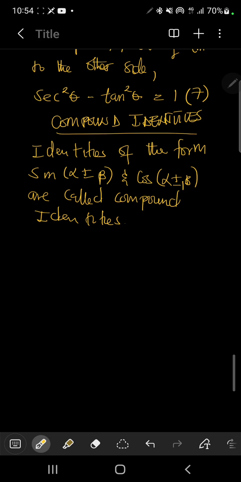Now, it is important that these compound identities are committed to memory.